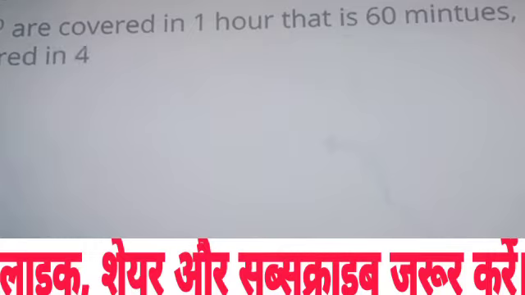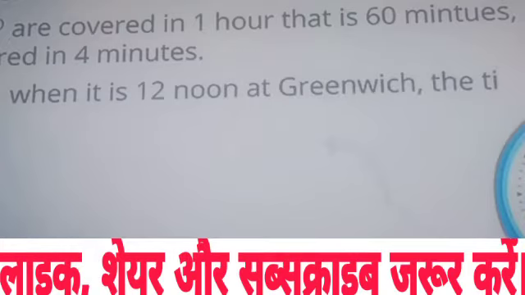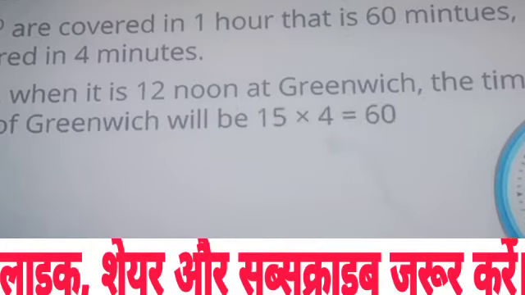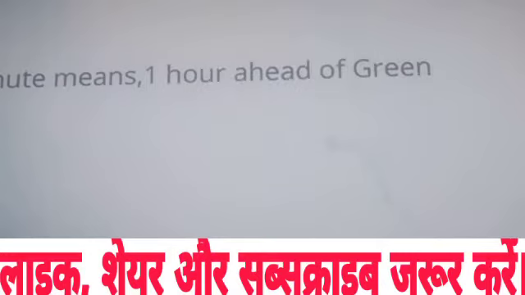That means if 15 degrees are covered in 1 hour, that is 60 minutes, 1 degree is covered in 4 minutes. Thus, when it is 12 noon at Greenwich, the time at 15-degree east of Greenwich will be 60 minutes, that is 1 hour ahead of Greenwich time.